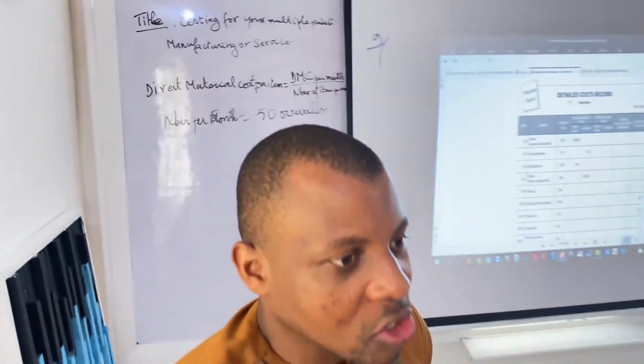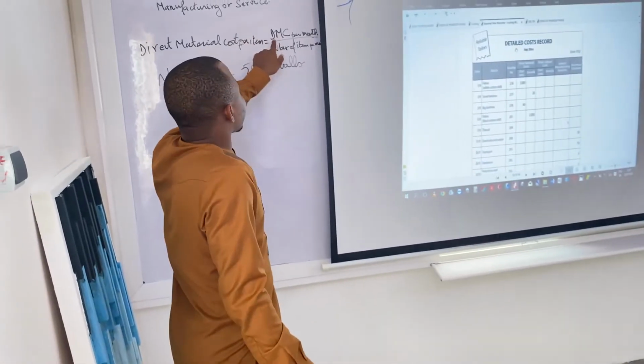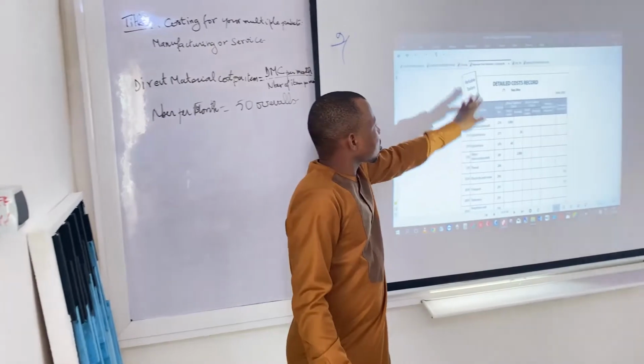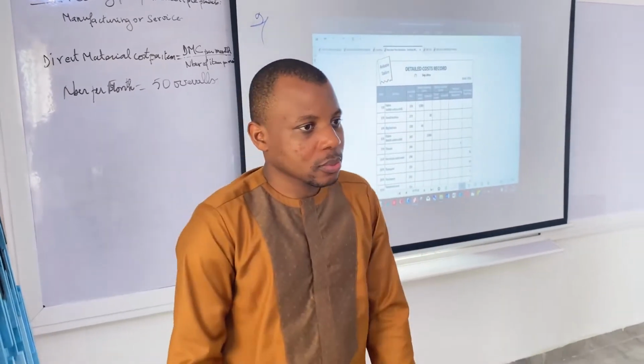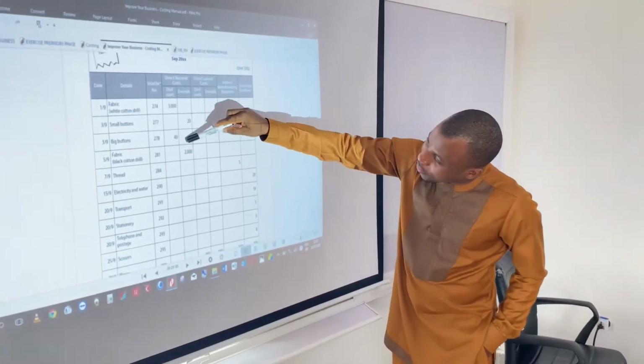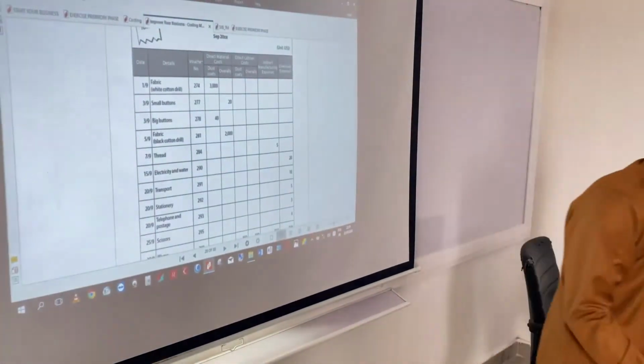Okay? So let's find out the direct material cost per month based on the detailed cost record. Who can tell me? Here you have direct material cost. Here, direct material cost. And you have desk cost and for overall. So you need to check this column up to down. So the total per month is done, right?